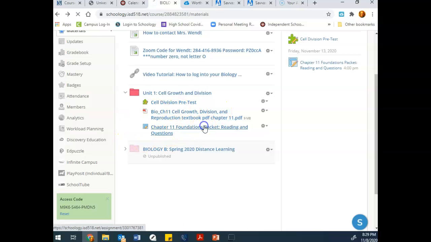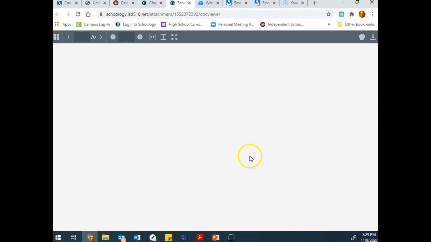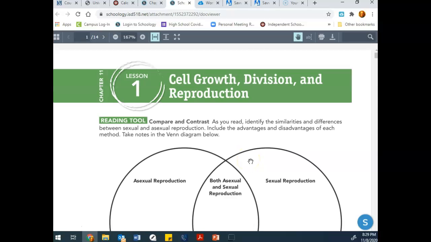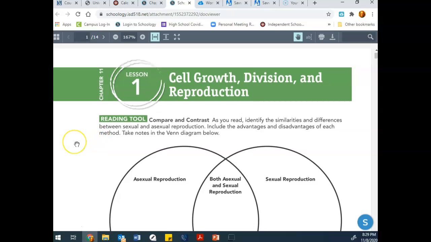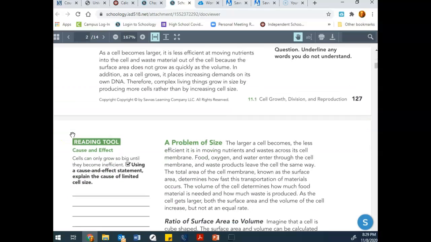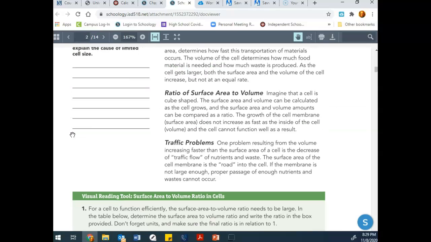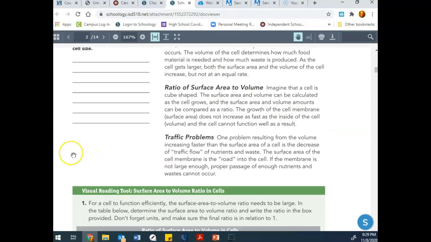Okay, the foundations packet here looks like this. So on the first page here, you're going to notice there's not a lot of reading to do, but it does have a Venn diagram comparing those things that we just talked about. And then it has a summary of the textbook. Okay, so like we talked about the surface area to volume, the traffic problems.